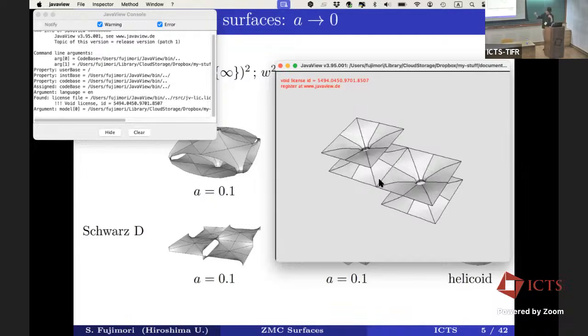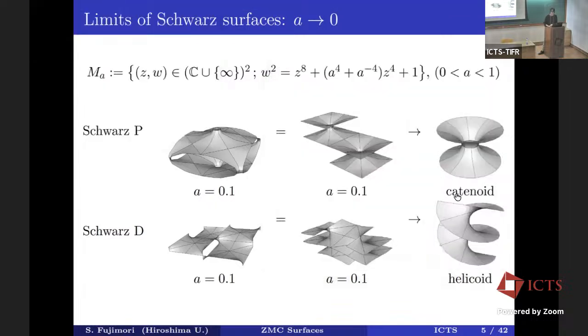And when A goes to 0, these two catenaries get far away. And finally, we have a catenoid as a limit. But maybe we need a suitable dilation. With suitable dilation, we have catenoids, so we have two catenoids.